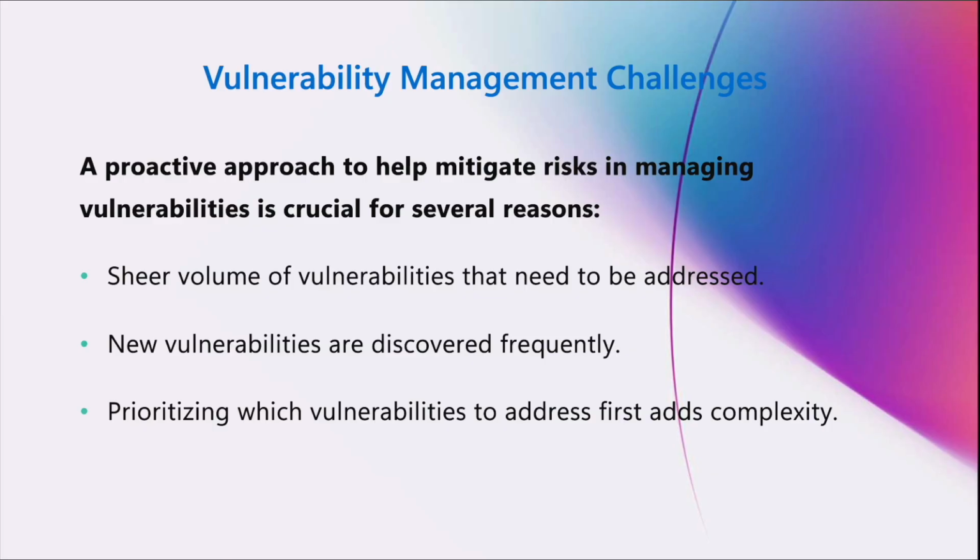There are many challenges involved in vulnerability management. Some challenges we often encounter include the sheer number of vulnerabilities, how many exist today, and the high frequency in which they appear. Prioritizing which vulnerabilities we need to address first also adds a layer of complexity here.